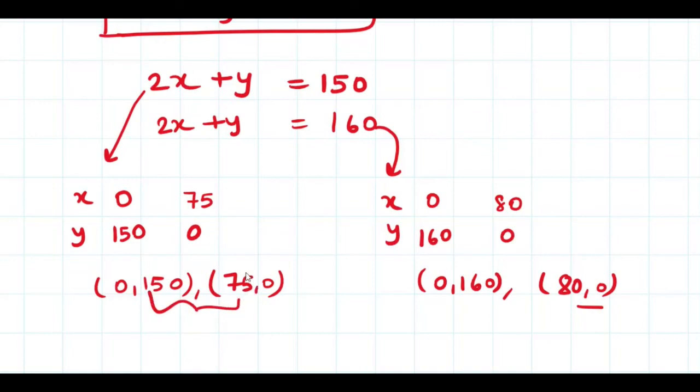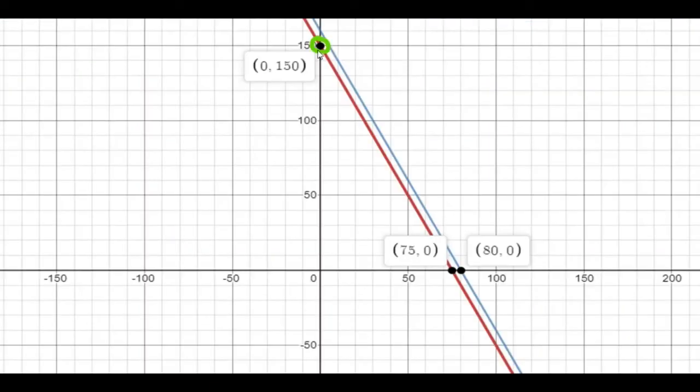When we connect these 2 points on the graph, we get a straight line corresponding to the equation 2x plus y equals 150. And when we connect (0, 160) and (80, 0), we have a straight line corresponding to the equation 2x plus y equals 160. Let us try to represent them graphically. This is the point (0, 150) and this is the point (0, 160). This is the point (75, 0).